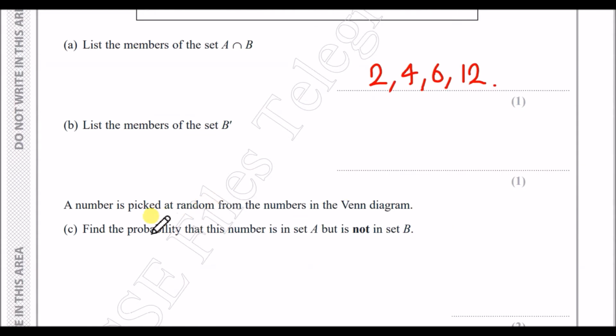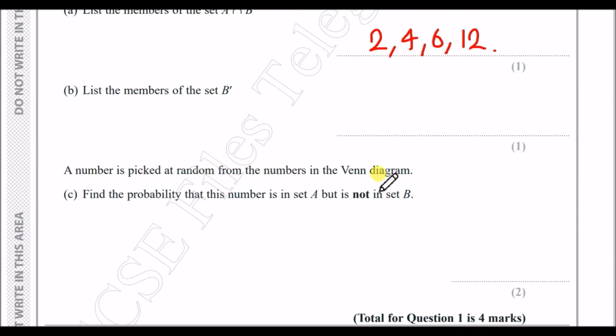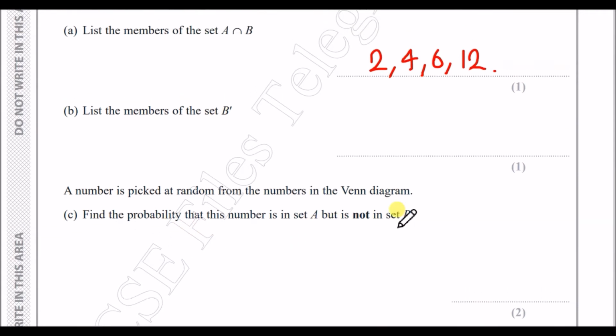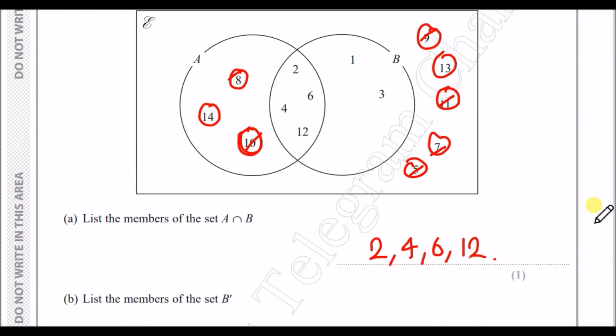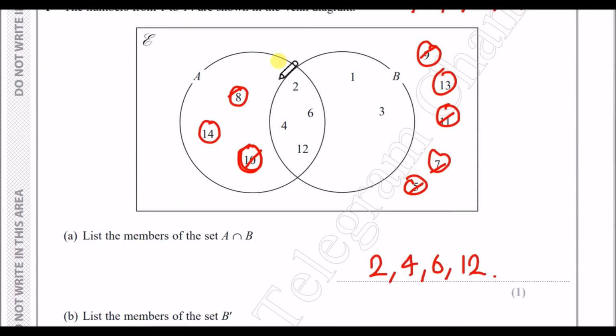Now a number is picked at random from the numbers in the Venn diagram. Find the probability that this number is in set A but not in set B. What we have to do here, guys, is go back to our Venn diagram and look at the elements that are in set A, but exclude those that intersect with B. In other words, we just need the ones that are strictly A, so 8, 14, and 10. So there are 3 elements.